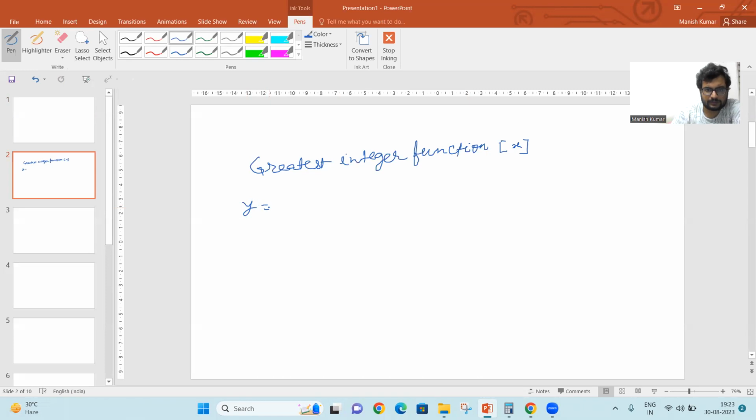It is written like this. Why? It means, let's say, if you are given 3.12, greatest integer function of 3.12, and greatest integer function of minus 2.2.